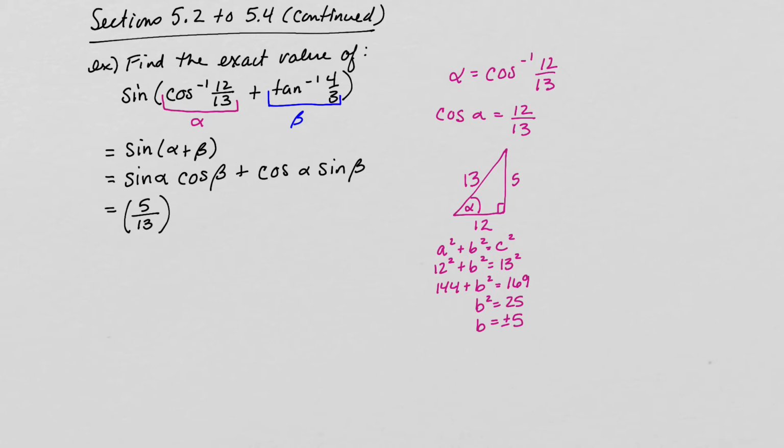So the sine of alpha is going to be 5 over 13. We don't know the cosine of beta yet, so we'll take care of the beta stuff in a couple minutes. The cosine of alpha is adjacent 12 over hypotenuse 13, so it's going to be 12 over 13. And again, I don't know the sine of beta yet.